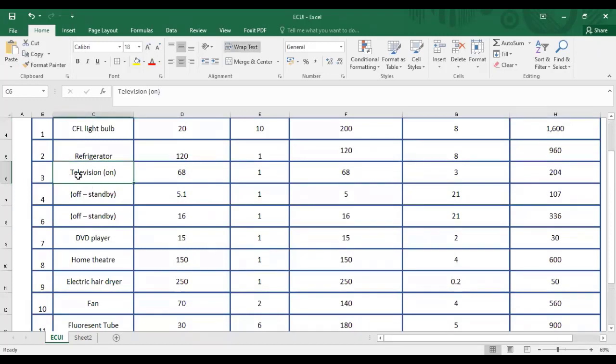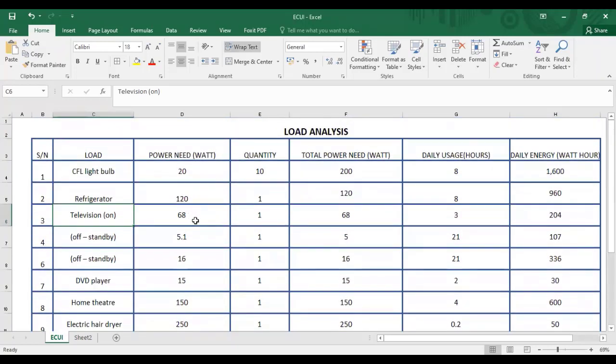This is a television. Television on is consuming 68 watts. I have one of that, that's 68. I'm using the television for 3 hours, that's 204. So it's pretty simple. Now, look at number 4: the same television, off, on standby.